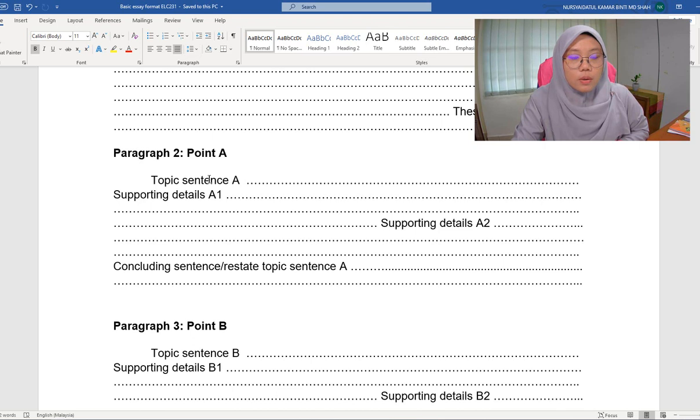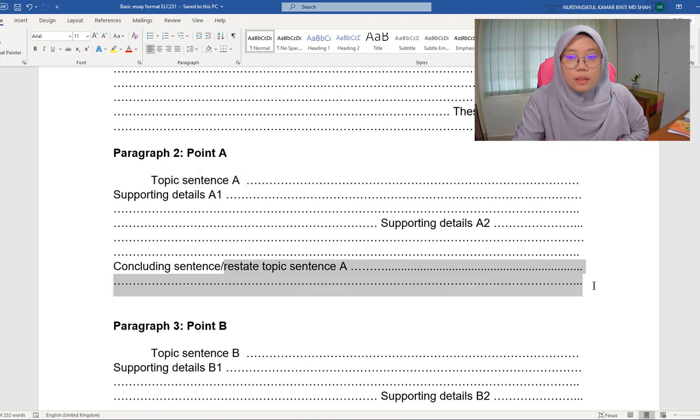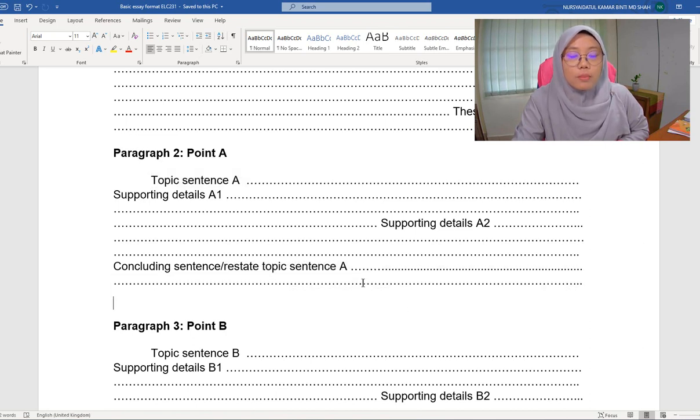Whatever you have written here, you have to restate it here. And how are you going to do it? Later, I'm going to teach you on how to write the topic sentence and whatnot.